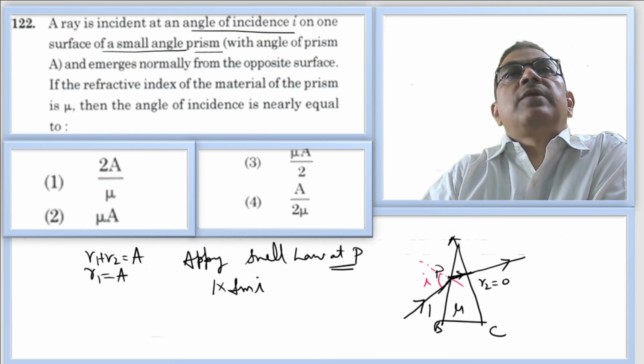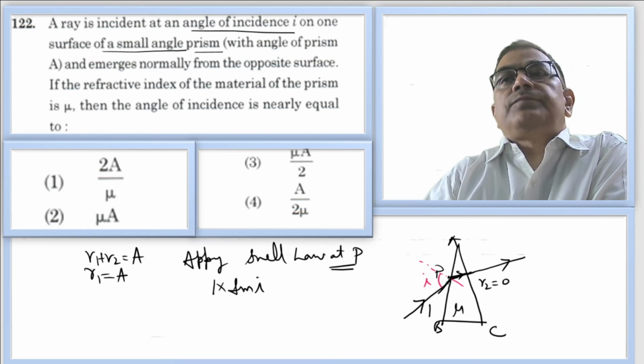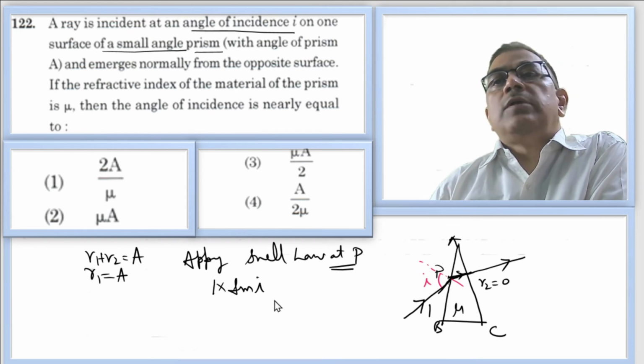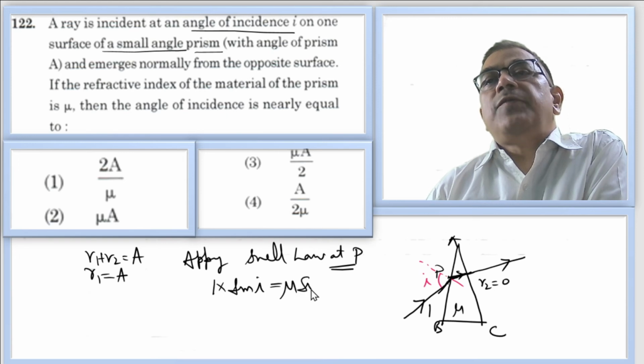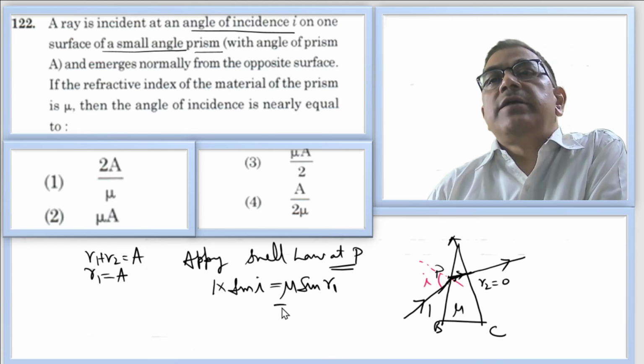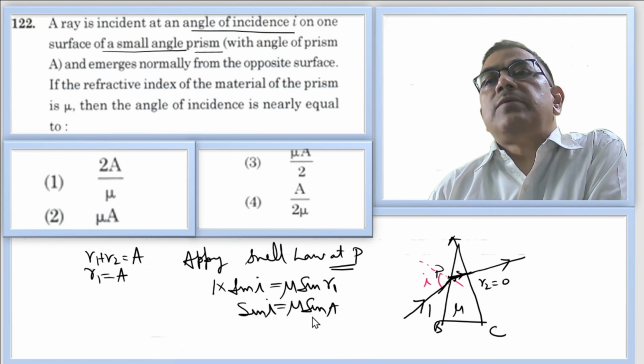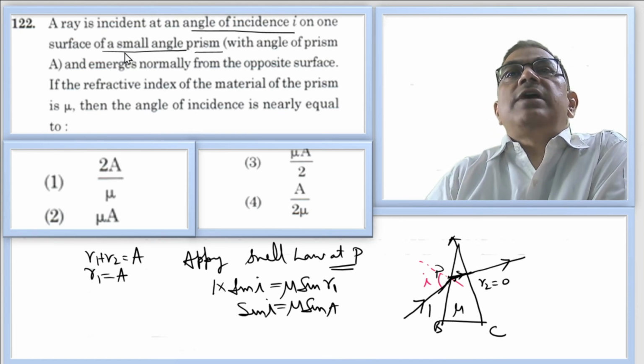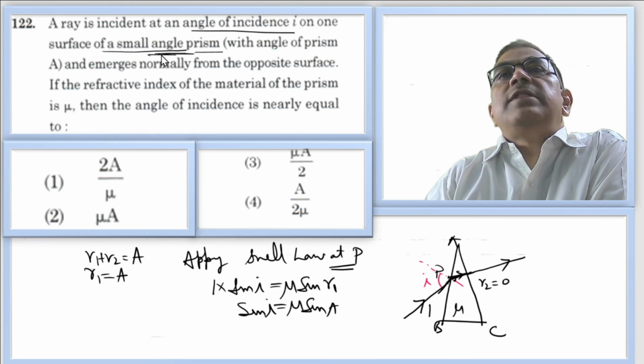So next part. This should be written as mu times sine R1. At this point, the angle of refraction is R1. So this angle is R1, and you're already aware that R1 is equal to A. So this is mu times sine A. Sine I is equal to mu times sine A. But over here, we're considering a prism with a small prism angle, so this is a thin prism.